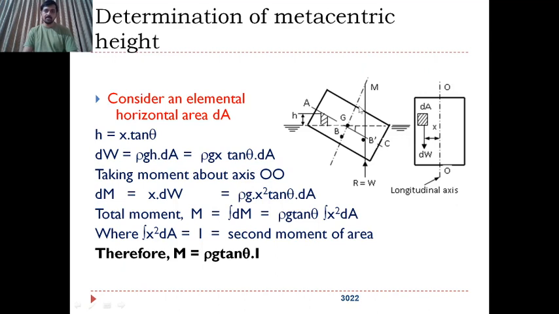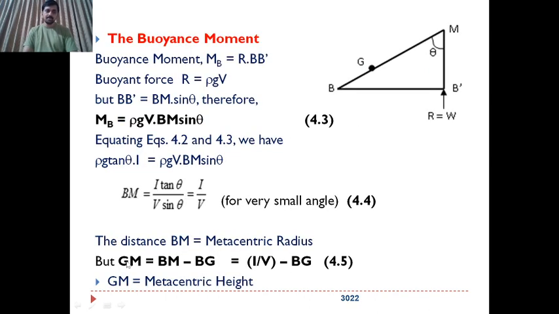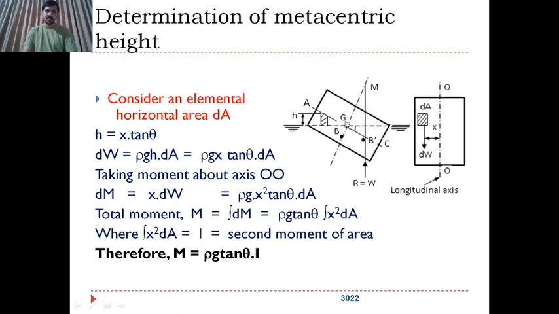So here we are determining GM, the metacentric height. This is the metacentric height, the distance between the center of gravity of the body and the metacenter. This is the metacentric height of the body, which is equal to BM minus BG, right?